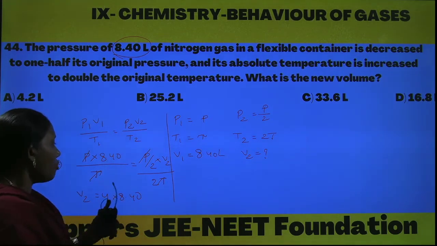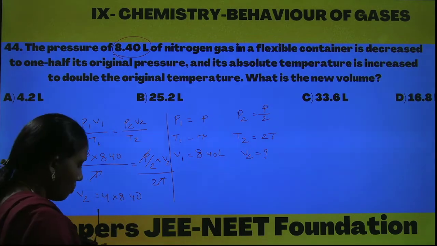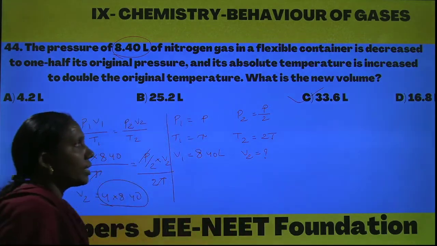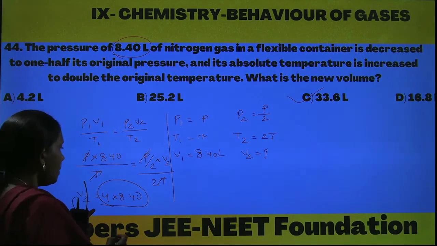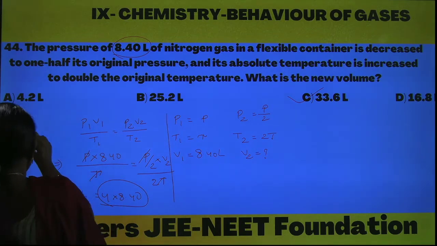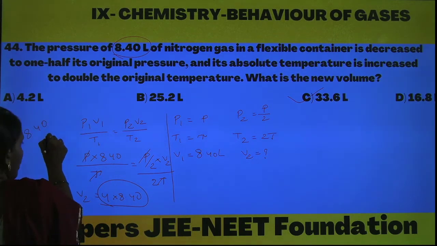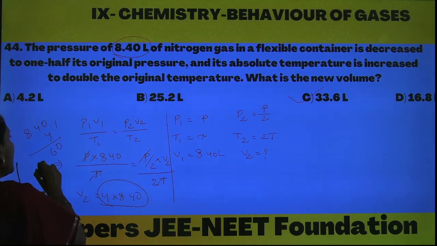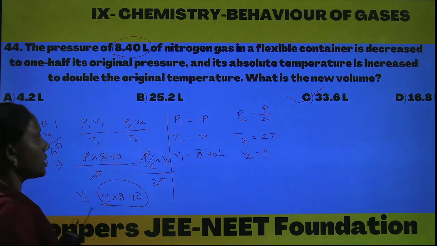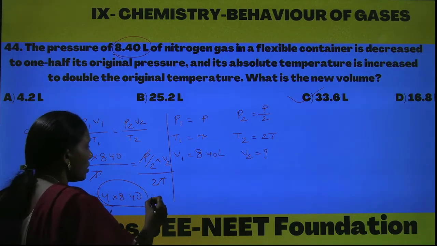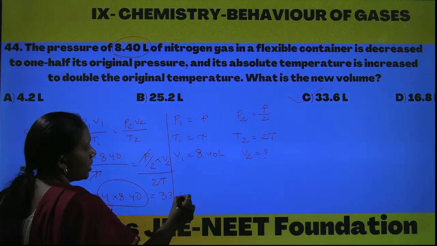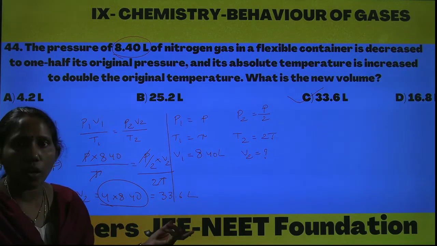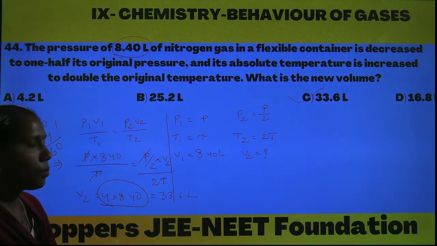Roughly we can calculate, 4 8s are 32, and the answer will be 33.6 liters. So V2 value is 33.6 liters. Okay, this is the conclusion. He asked to calculate the new volume. The new volume is 33.6 liters.